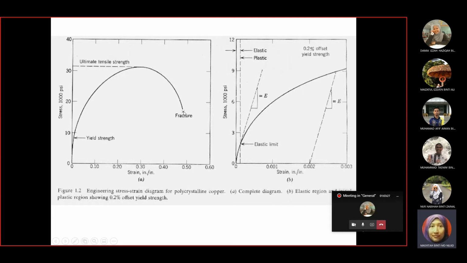If you study solid mechanic ataupun structural mechanic, fracture of this kind of material, dia easily can be seen dia punya fracture point. You boleh nampak fracture point tu, titik kegagalan dia berada di mana. And then kita nak dapatkan ultimate tensile strength pun, we know what is the maximum tensile strength of the material. And in order to get the plastic behavior pun can be seen from the curve itself.